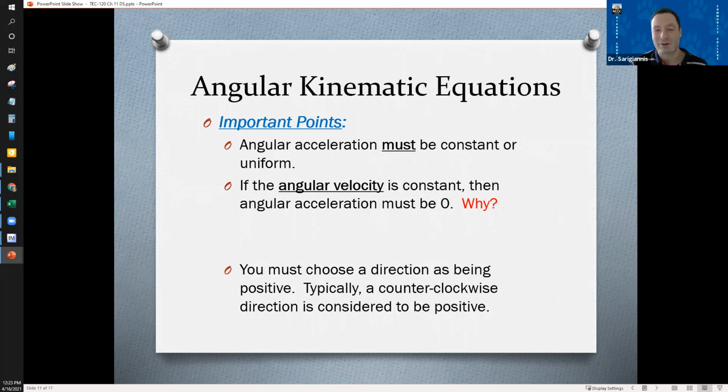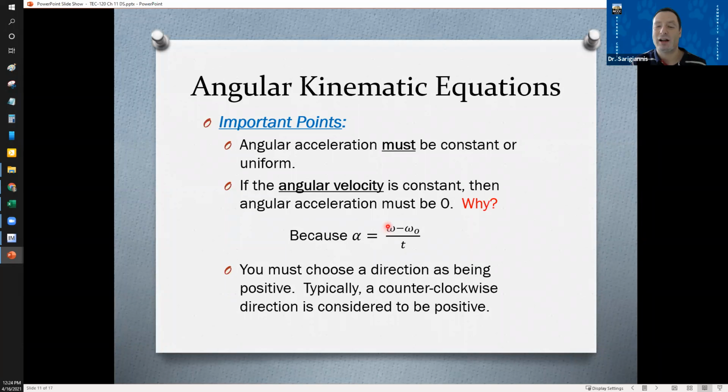Uniform acceleration. This is the same question as before, except in angular. If the angular velocity is constant, then angular acceleration must be 0. Why is that? Well, because alpha is omega final minus omega initial divided by time, right?